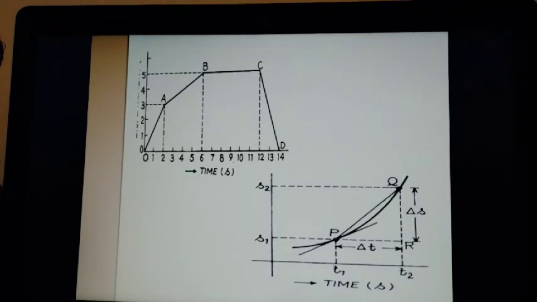Here we have seen six different graphs, and these six different graphs show six different situations, and we can infer six different concepts from these six graphs. So that is the displacement time graph.